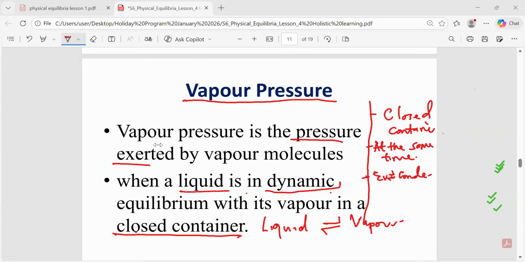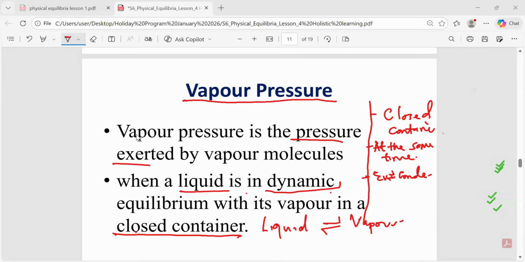Okay. So here, to give more light on vapor pressure, the key points we're looking at: the vapor pressure is the pressure exerted when, number one, we are looking at a closed container or closed system.